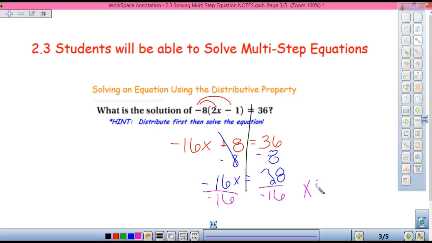If you have a graphing calculator, go 28 divided by negative 16. This is just on a graphing one. And then hit math, enter, enter.